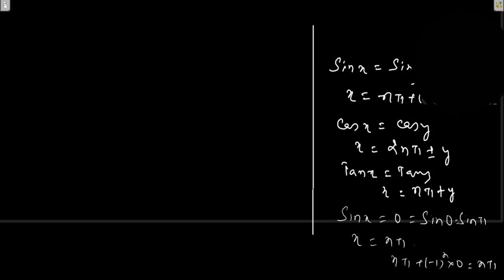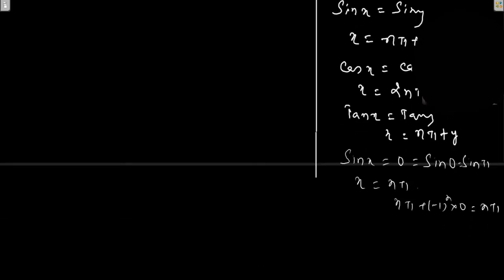So x equals n pi is one, and the second one we have to remember is when cos x equals 0, this means that it's an odd multiple of pi by 2. So first of all, this will be cos of pi by 2, then it will also be cos of 3 pi by 2, and so on. So in this case, we can simply write x equals (2n plus 1) into pi by 2, because these are odd multiples of pi by 2.